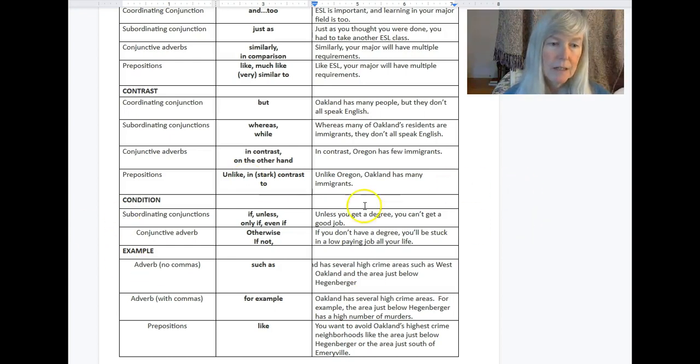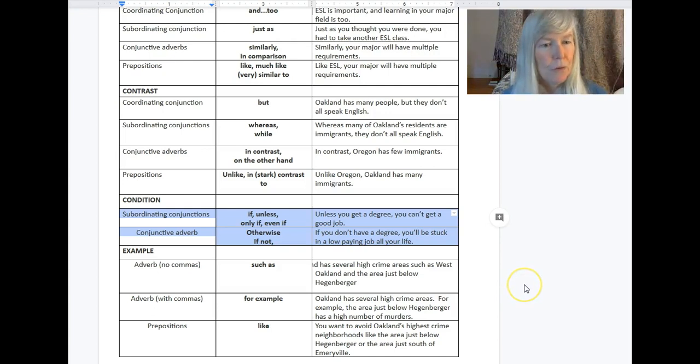Unless you get a degree, you can't get a good job. If you don't have a degree, you'll be stuck in a low-paying job all of your life. These are two different ways to express the same thing. There are many different words you can choose. In your writing, you want to mix it up and make it more interesting.